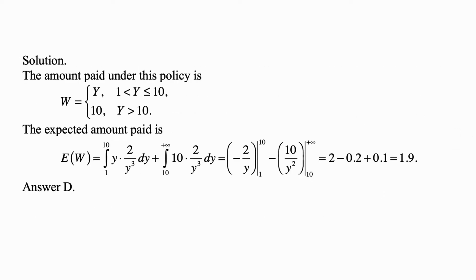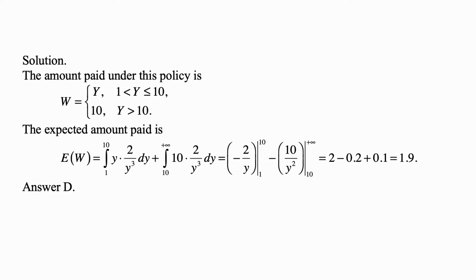And here's the solution. So the amount paid under this policy is W equals y when y is between 1 and 10, and 10 for y greater than 10. And the expected amount paid is E of W equals the integral from 1 to 10 of y times 2 over y cubed dy, so the value of y, which is what W equals for y less than 10, times the density, which the formula for the density for y greater than 1 is 2 over y cubed.